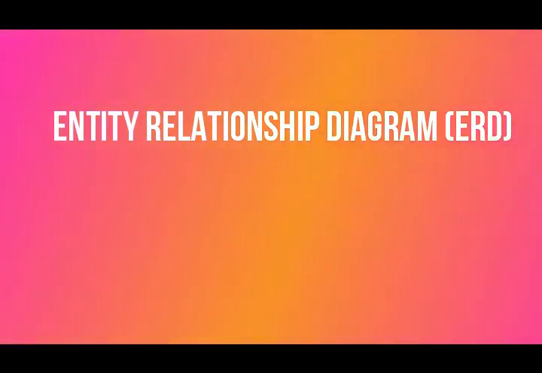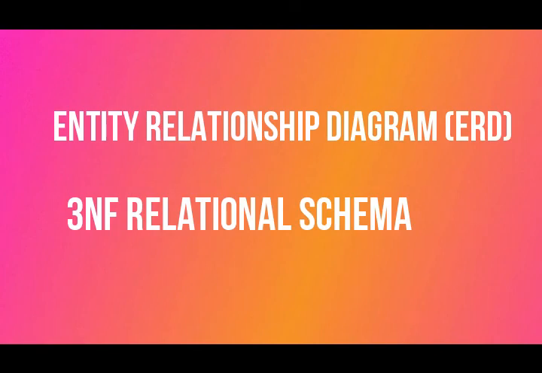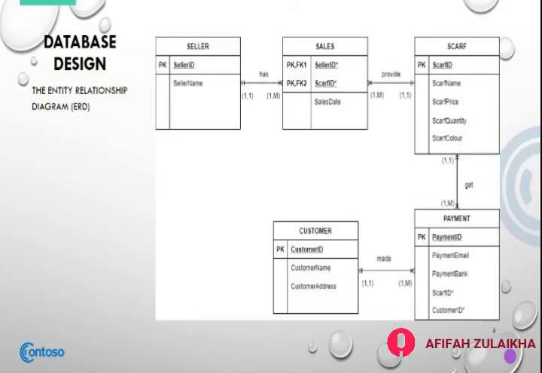I will explain about the database design. It has two parts, which are the entity relationship diagram (ERD) and the third normal form relational schema. The relationship for entities seller and sales: a seller has many sales, and each sale is handled by one seller. For sales and scarf, a scarf provides many sales, and each sale is provided by one scarf.